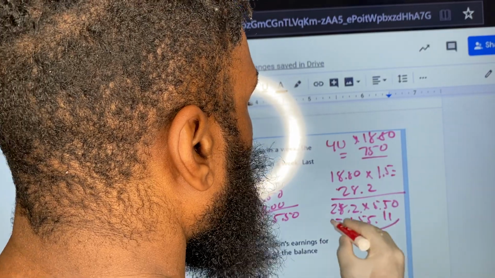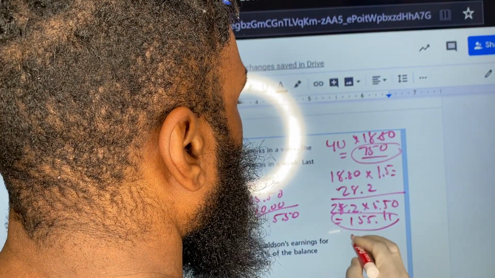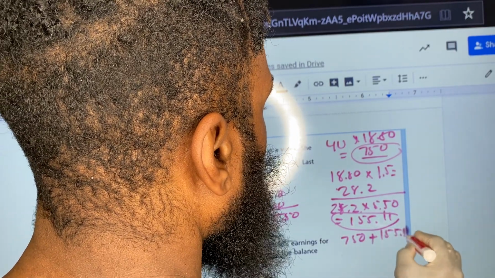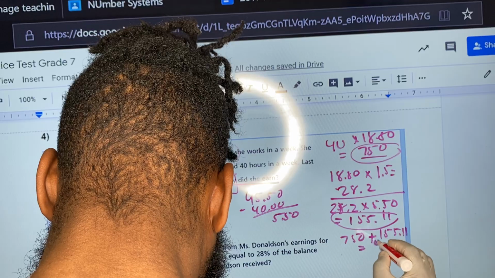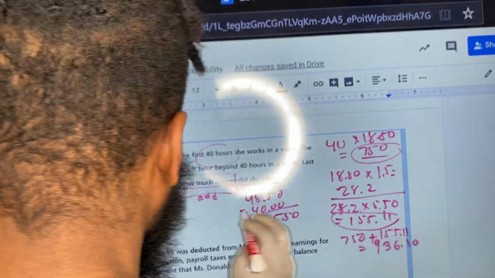So we take the overtime money and the 40-hour money, and we add them, 752 plus 155.1, and we get $936.10.